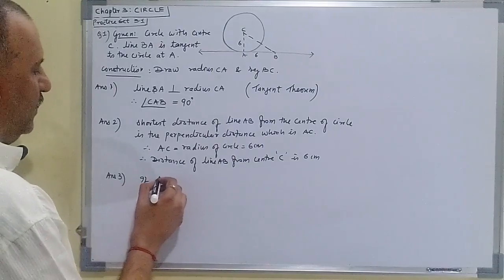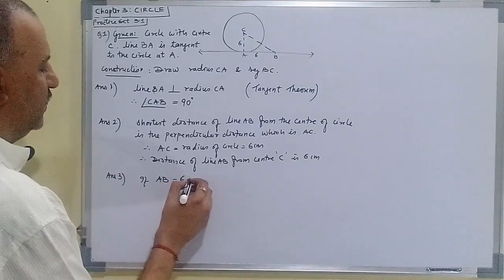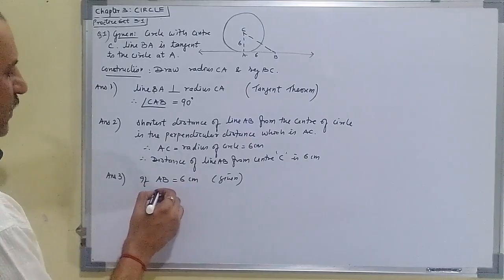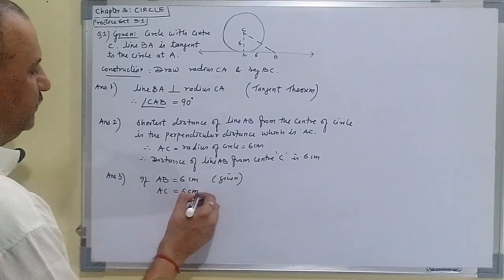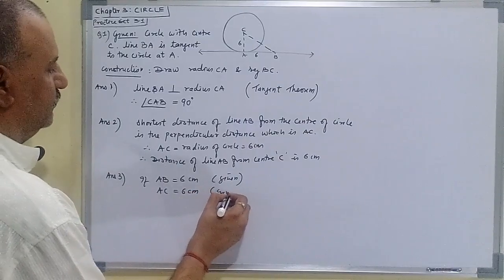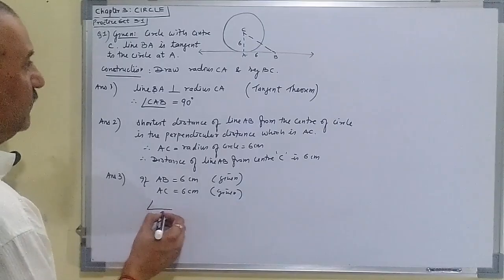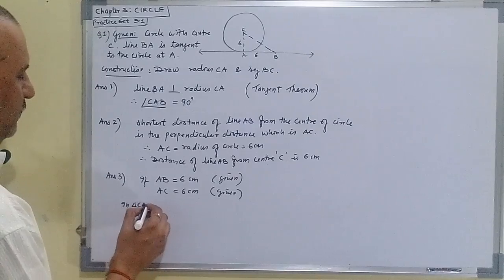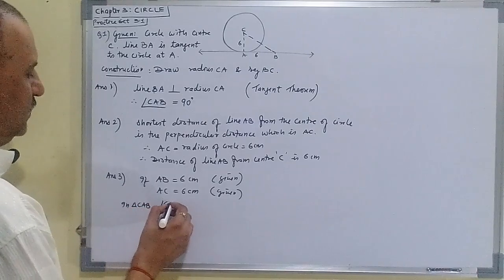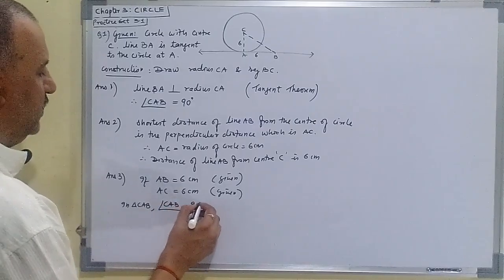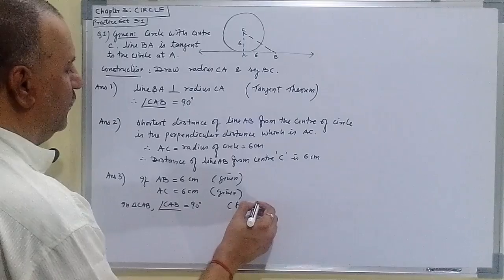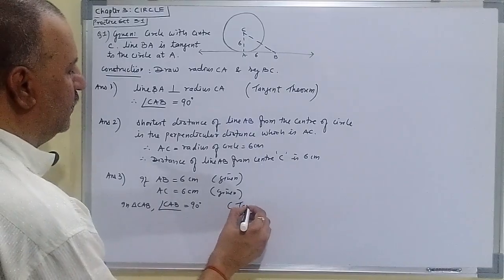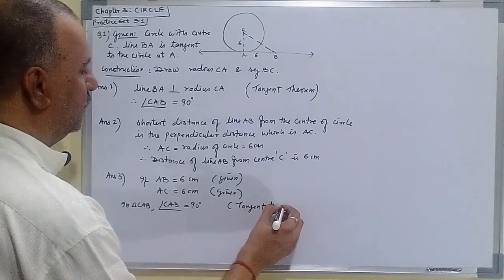If AB equal to 6 centimeters, AC equal to 6 centimeters, in triangle CAB, angle CAB is 90 degrees from 1 or tangent theorem.